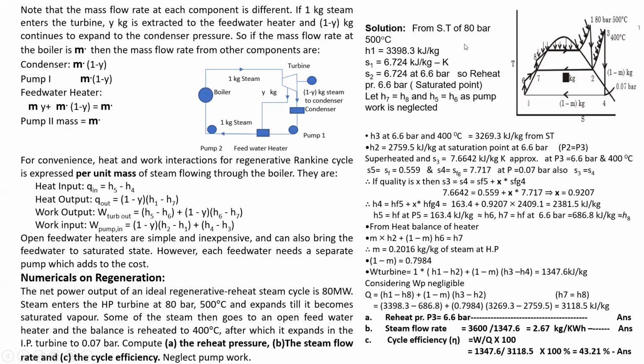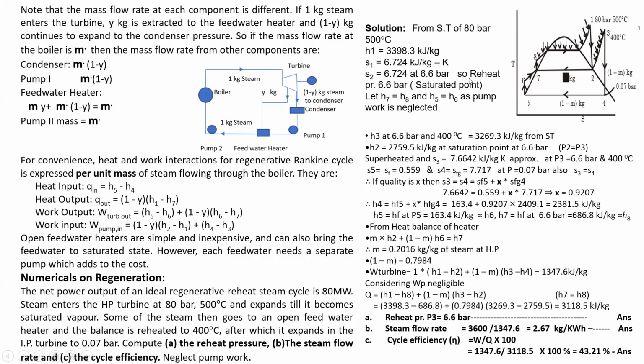So from the steam table at 80 bar and 500 degrees centigrade, first you have to write down the values at state 1 here. Now the suffix has changed here, but you remember at state 1 you write down the values: H1 is equal to 3399.3 kilojoules per kg, S1 is equal to 6.724 kilojoules per kg K. S1 is equal to S2, that is 6.724.